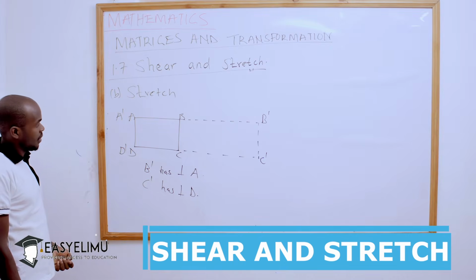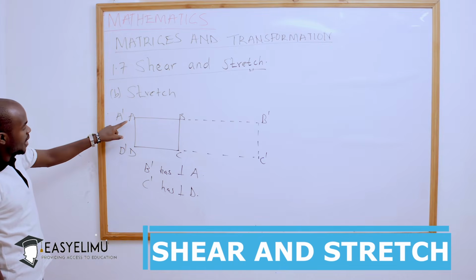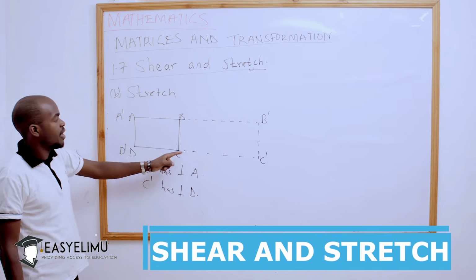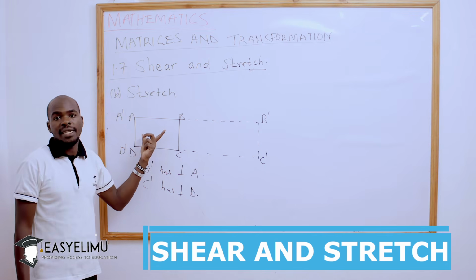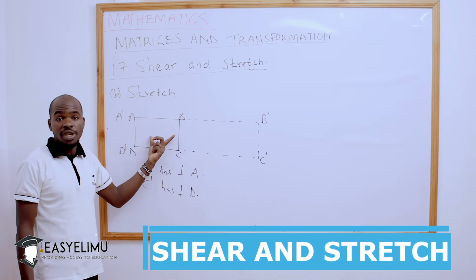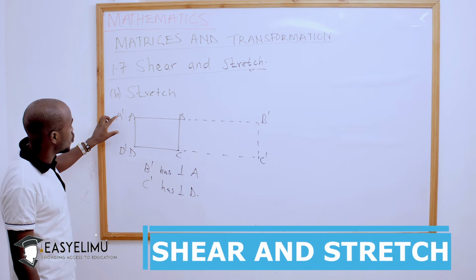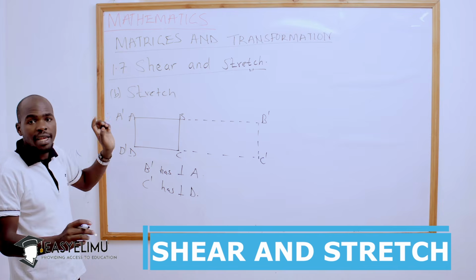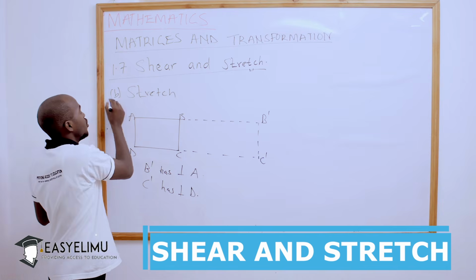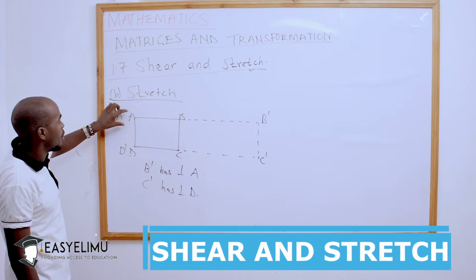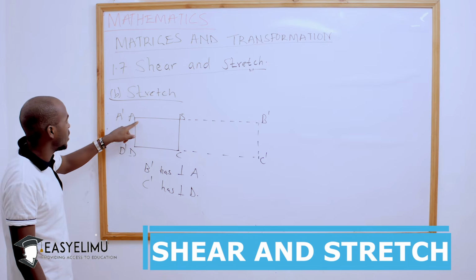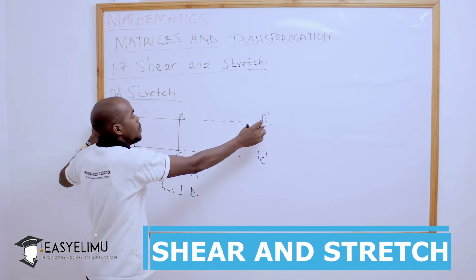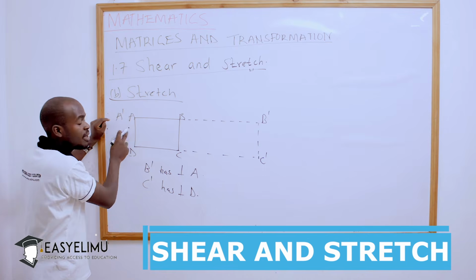With that, we can also see that ADCB can be taken as our object. And with that you will find that, under the given stretch matrix, the image of A, B, C, D is A prime, B prime, C prime, and then D prime.